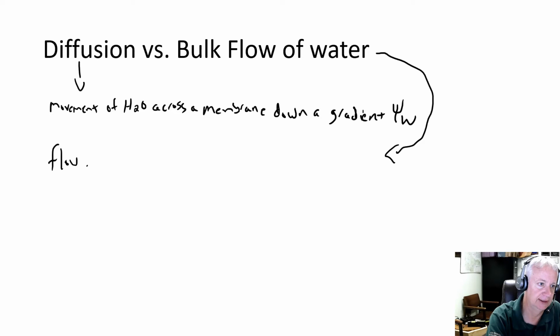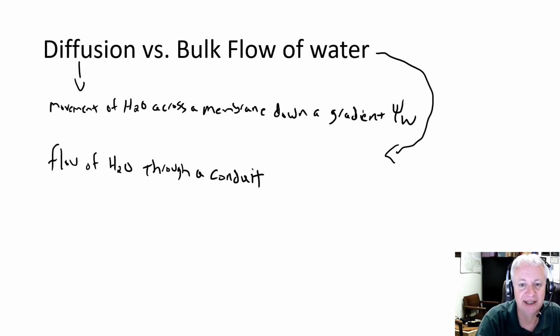flow of water through a conduit. And I'm going to use the term conduit to just generically refer to sort of a pipe. In the xylem, when I say conduit, generally I'm talking about vessels or tracheids, but it could also include an aquaporin in a cell membrane that I'll talk about in a minute.